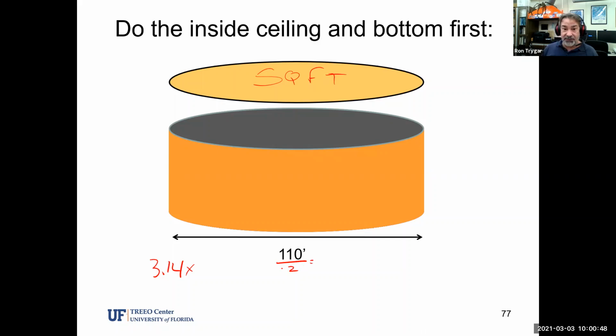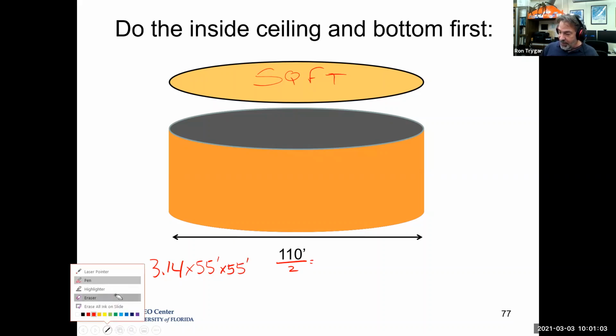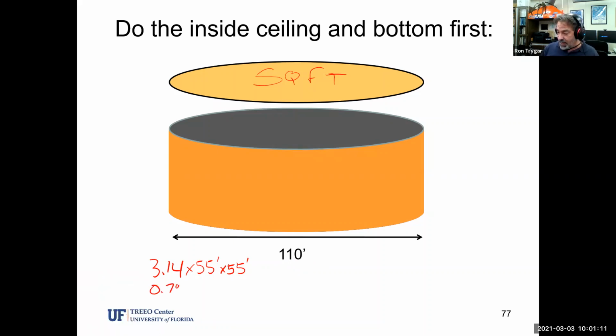So half of 110 is 55. If you're not sure, just double check yourself. Divide by 2 and you get 55. So 3.14 times 55 feet times 55 feet is going to give me the surface area of the circular shapes. If you like the 0.785 method, it would be 0.785 times the diameter, 110 times 110.